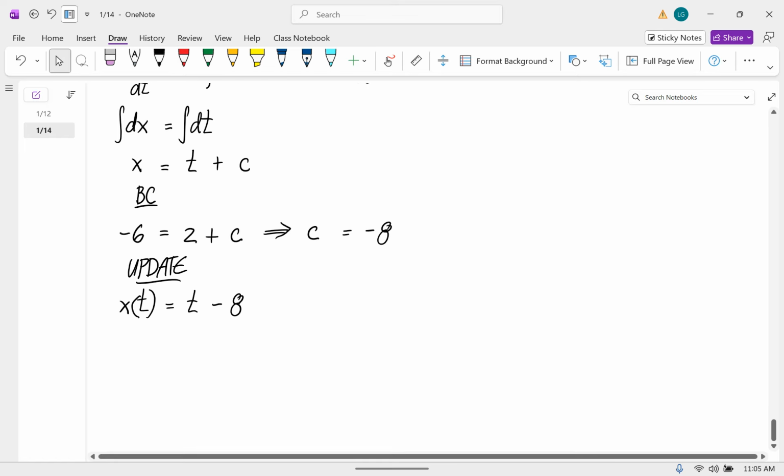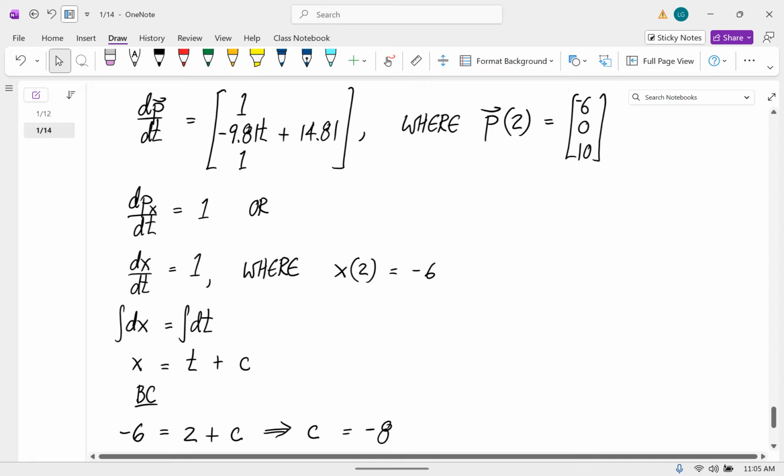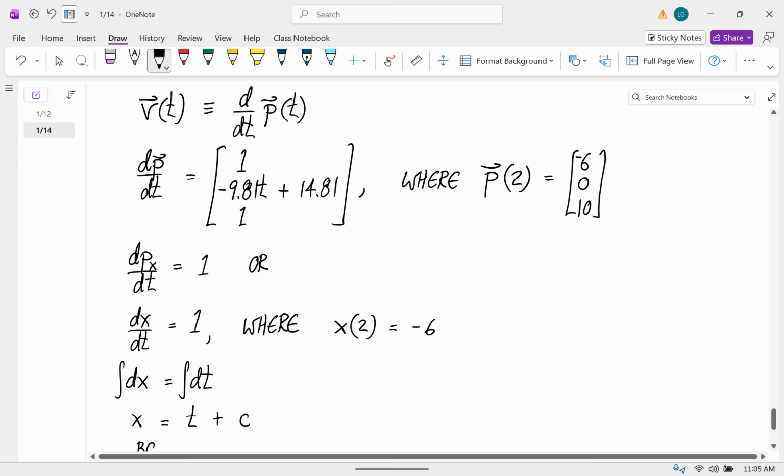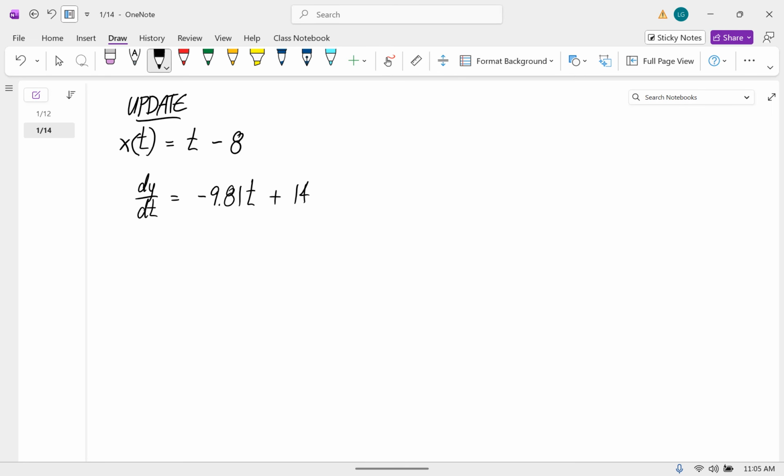Now we go to the y equation. So dy dt is equal to this expression for the y component of the velocity: -9.81 t plus 14.81.